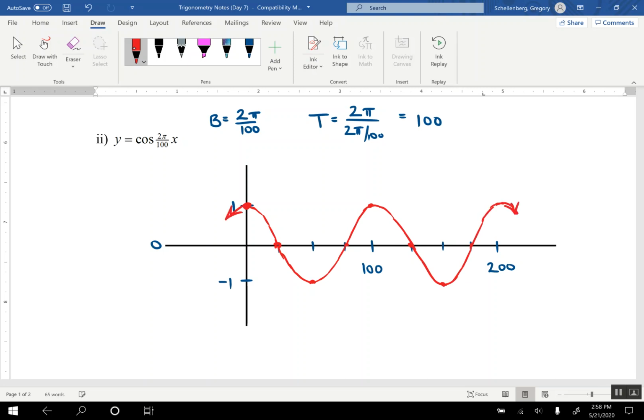And there we go. So there's 2 periods of the cosine of 2 pi over 100 times x.